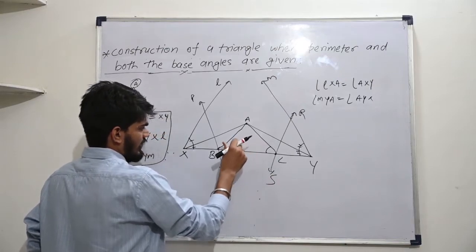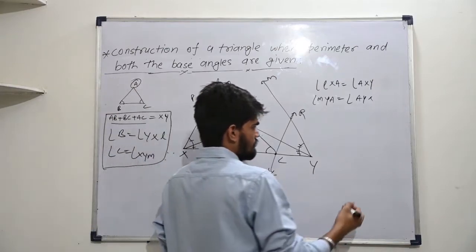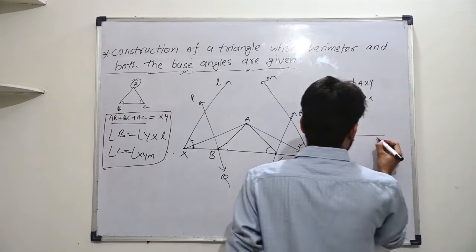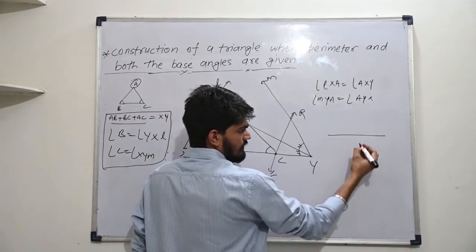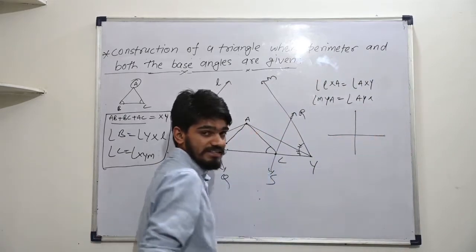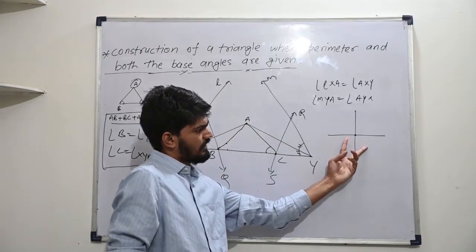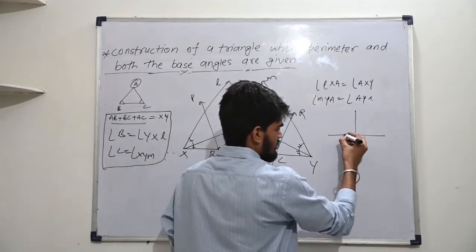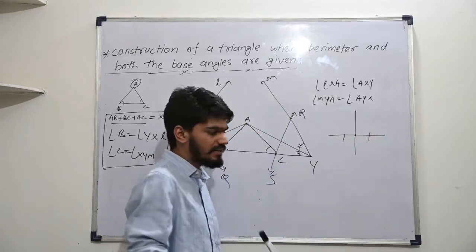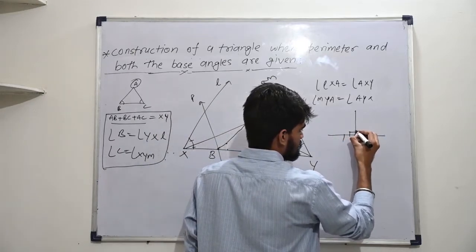Now see this thing. Before this, let me tell you a small concept. When you have a line and you draw its perpendicular bisector, that means it bisects the line. So this part and this part will be equal, as well as 90 degrees.